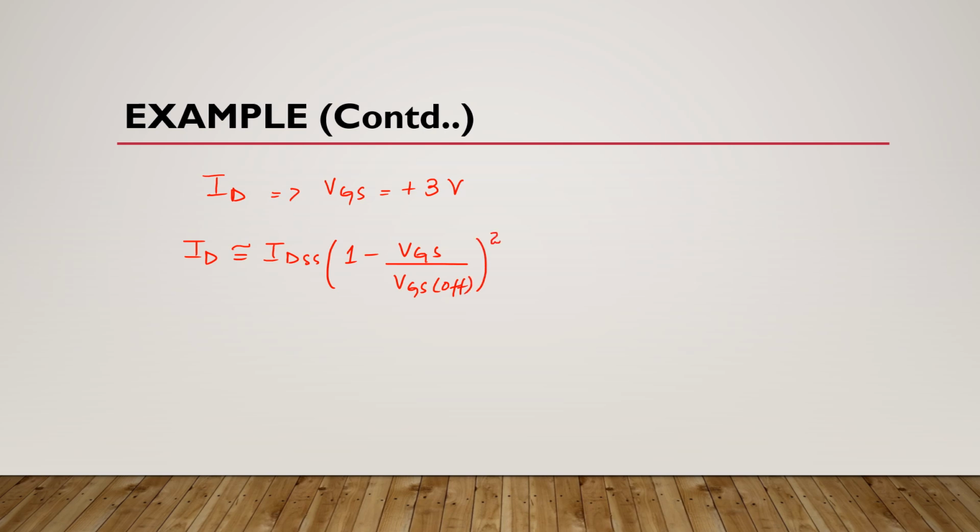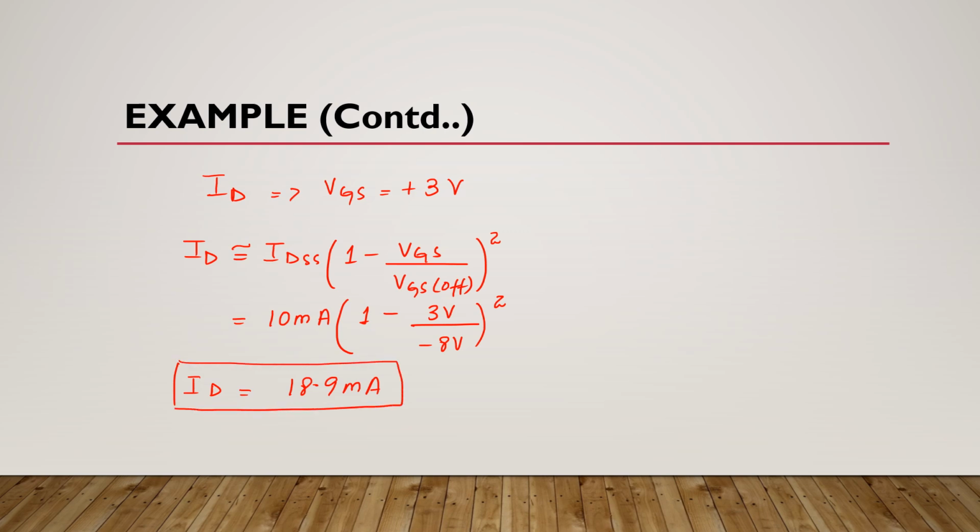Here IDSS is 10 milliamperes, gate to source voltage is 3 volts, and cutoff voltage is minus 8 volts. After solving this you will get 18.9 milliamperes. Okay, so this is your answer.